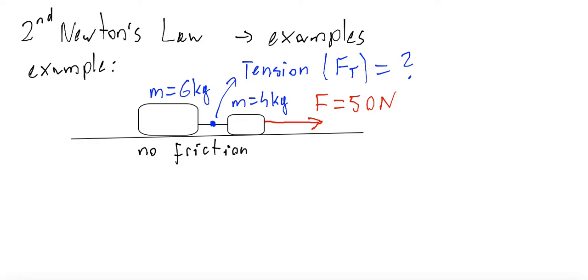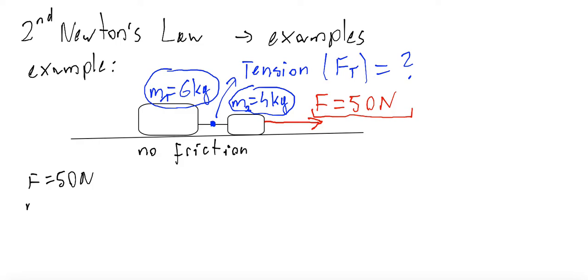First of all, we know the overall force acting on the system, and we know the mass of the system. This 50 newtons acts on two masses, 6 kilograms, I'm going to use the symbol M1, and 4 kilograms, I'm going to use the symbol M2. The overall force is 50 newtons, and the mass of the system is the sum of the masses of these two objects, 6 and 4, which is 10 kilograms.